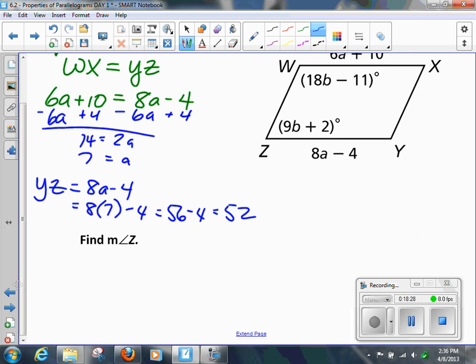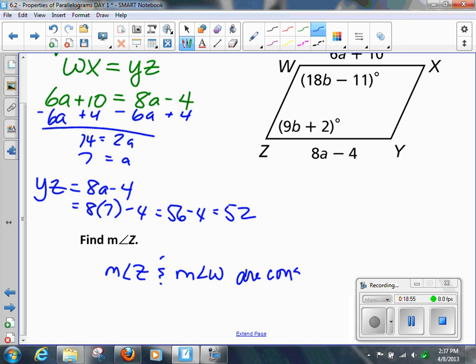Now, find the measure of angle Z. How in the world? Look at what we're given. As far as angle measures, we are only given information about angle Z and angle W. Are they? Why? What kind of angles are they? They are consecutive angles.